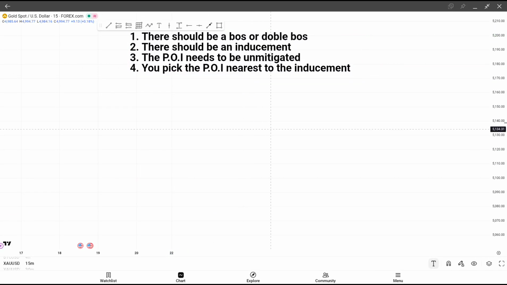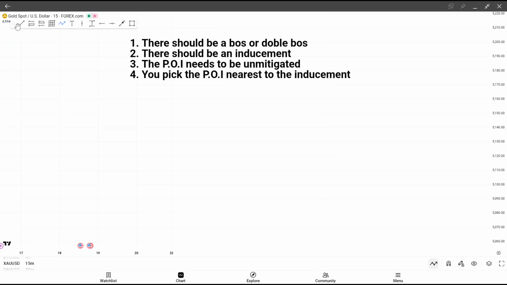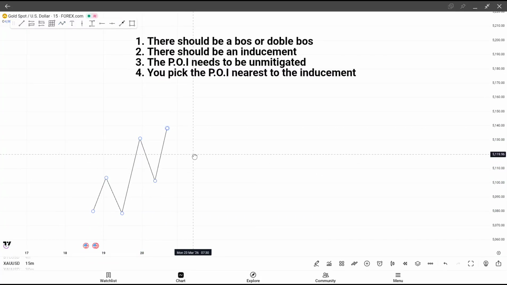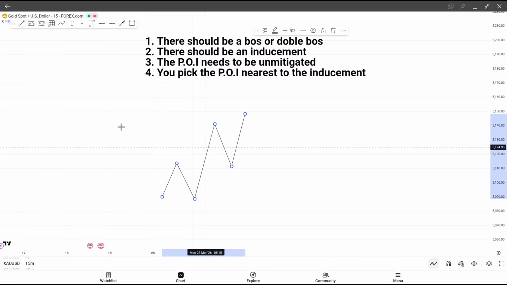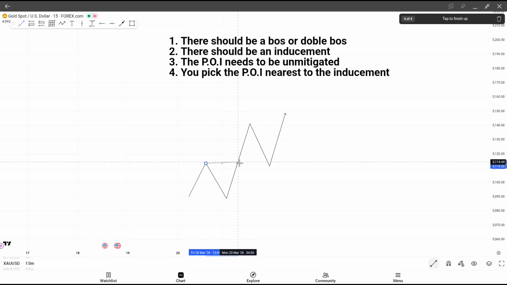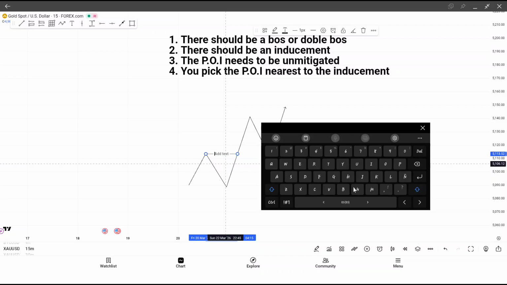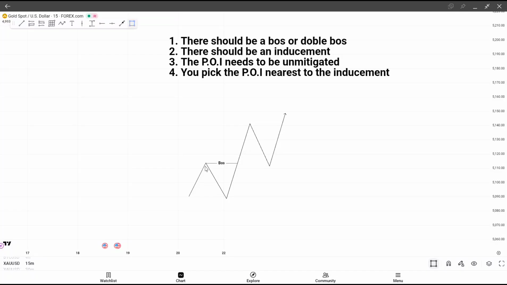These are the rules. Pay attention. Okay, let's go to the rules for you to see how you people should manage it. Let's say this is a break of a structure. Okay, this is the first pullback, the inducement. Okay, simple as that. Okay, this is what? A break of a structure, a BOS. So we have those.